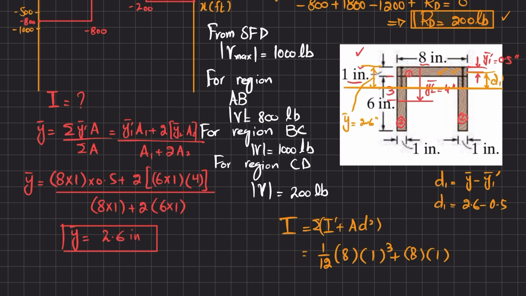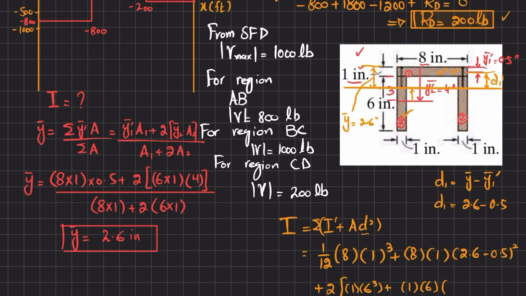So d1 will be equal to 2.6 minus 0.5 whole square, plus 2 times the second member, which is this, with width 1 and height 6 cube, plus 1 into 6. And what will be d2 square? d2 is the distance from the neutral axis to the mid of this.